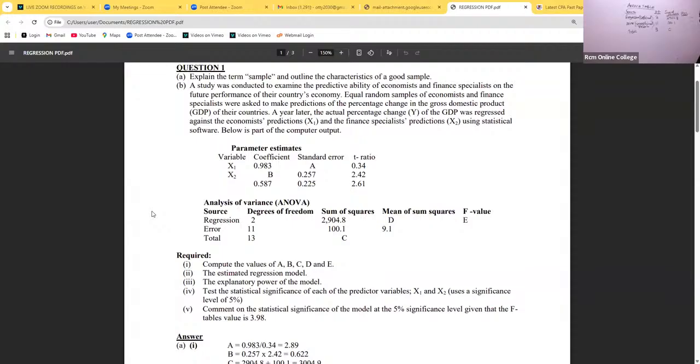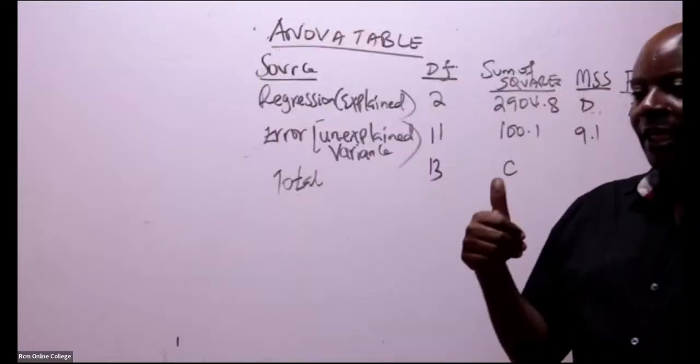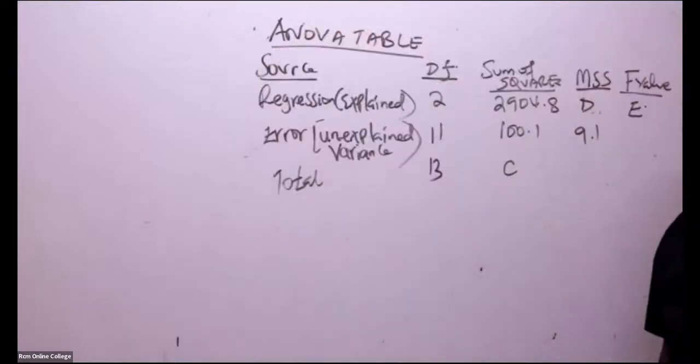So the mean sum of squares, I can see D, and then I can see 9.1, and then I can see the F value. The F value, I can see an E there. So first of all, let's put down this ANOVA table, and once you finish writing it, please mention there, yes, we are okay.